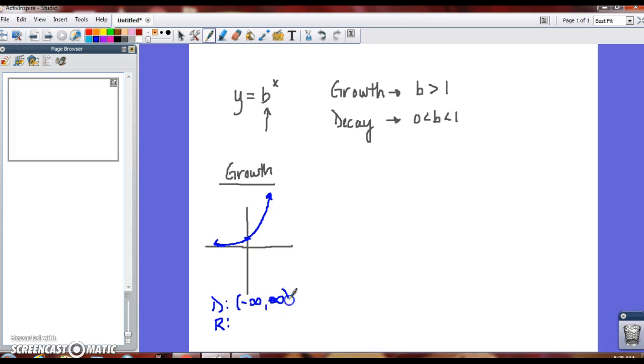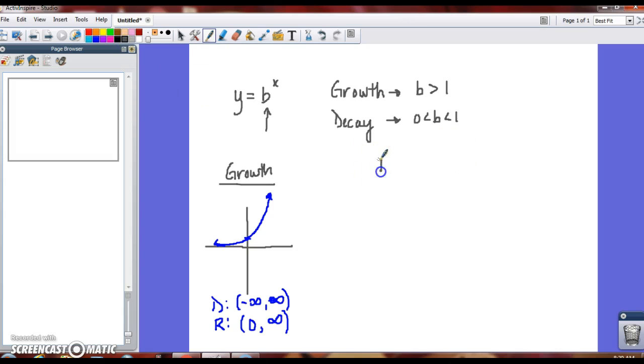But my range, my graph here can never be negative, because it doesn't matter what value I put in for x, if b is positive, then I'm always going to end up with a positive number. So my graph is going to go from 0 to infinity. Also, it can never actually equal 0, because any number when you raise it to some power will never give you 0. Okay, so that is the growth function.